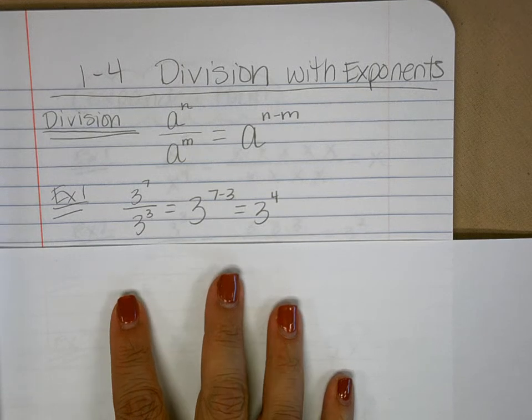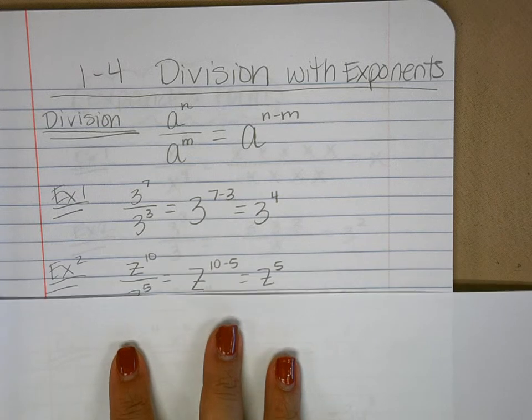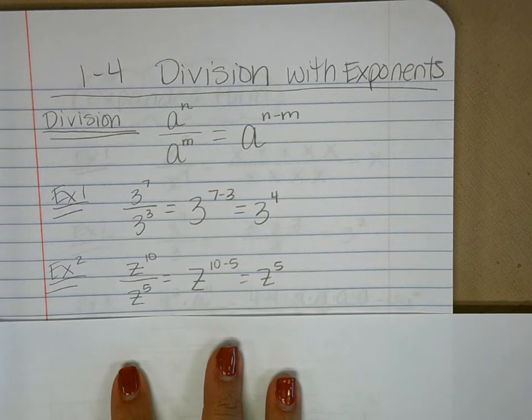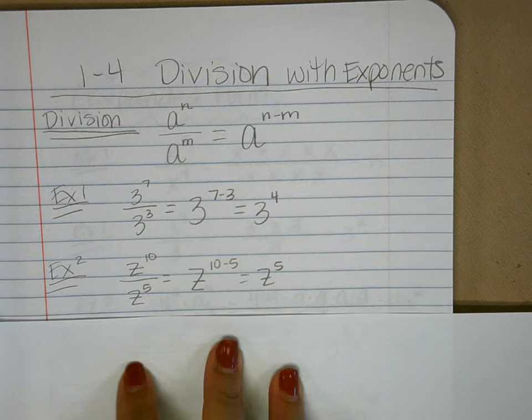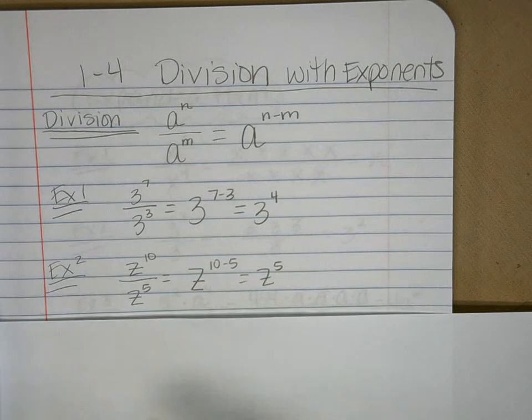They're easy to miss. Example 2, z to the 10th over z to the 5th. So that's z to the 10 minus 5, which equals z to the 5th. Remember, you don't have to write out this step every time once you start doing your homework and stuff.